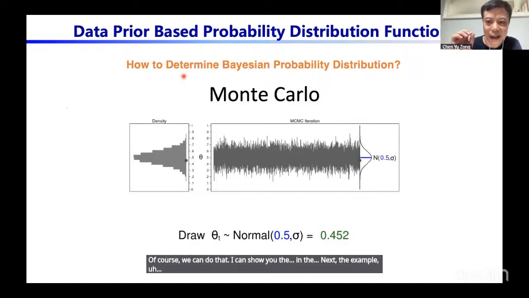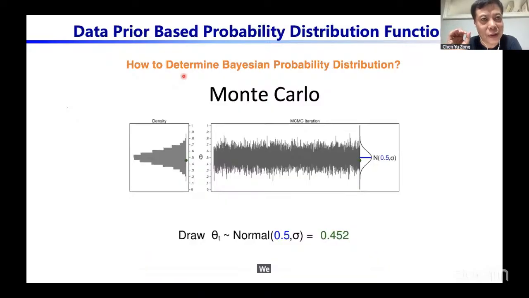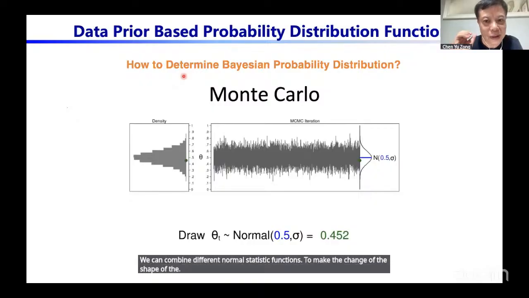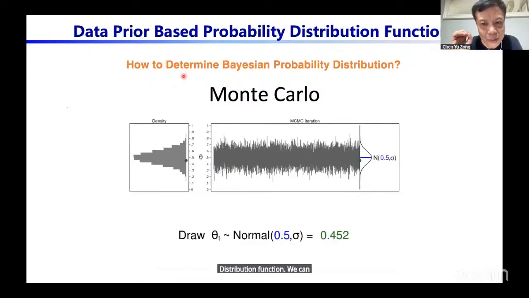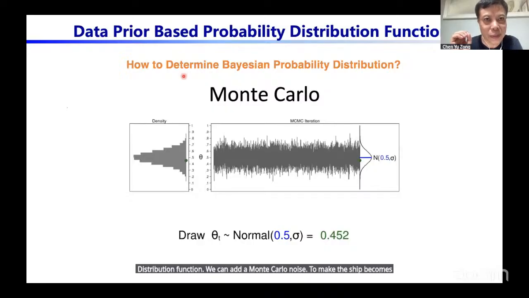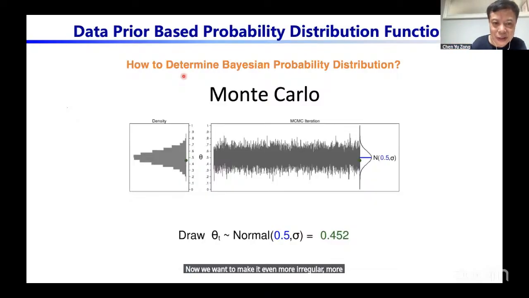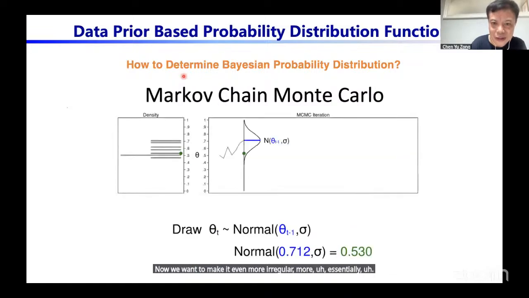So in this case, what I have shown you so far is that we can combine different normal statistical functions to change the shape of the distribution function. We can add a Monte Carlo noise to make the shape an irregular shape, right? Now we want to make it even more irregular, more asymmetric.